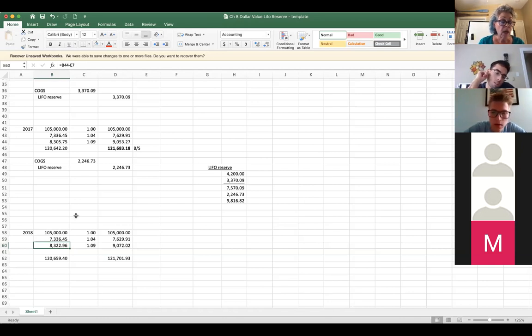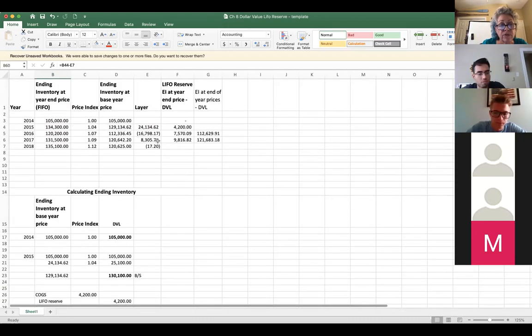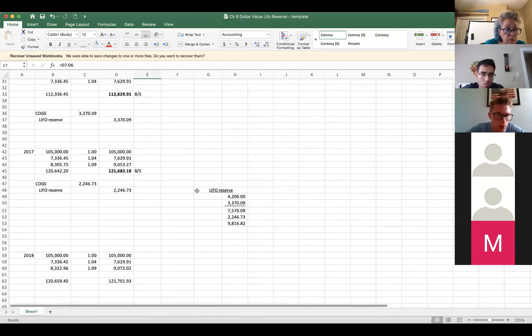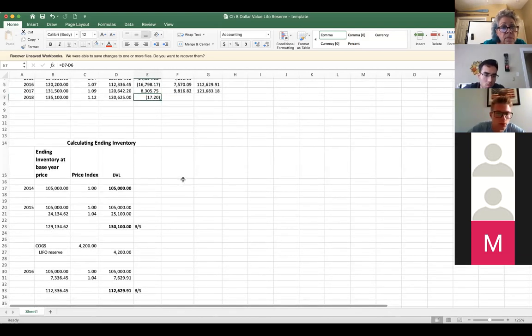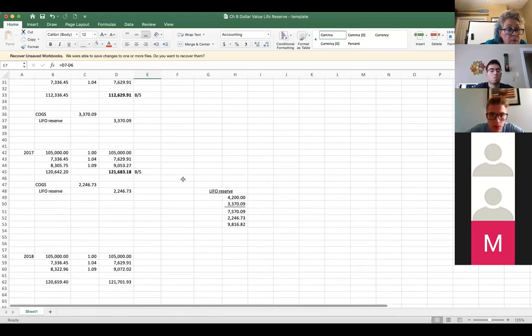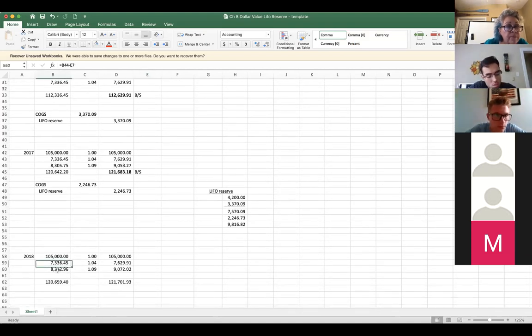Okay. All right. So in 2018, we liquidated a layer by $17.20. I think the signs are wrong because in 2018 it's 17 higher.